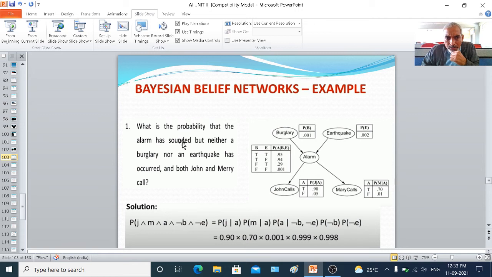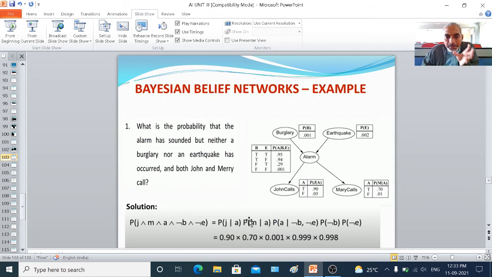Because there is no burglary, no robbery. It is given in our problem: neither a burglary nor an earthquake has occurred. So negation B and negation E. So you have to find the probability of J and M and A and negation B and negation E, which is equal to.